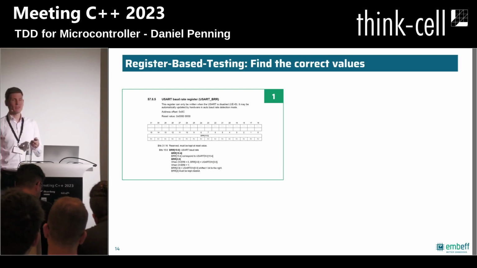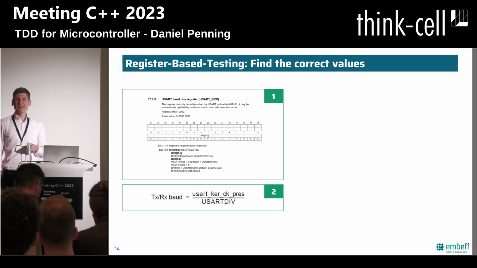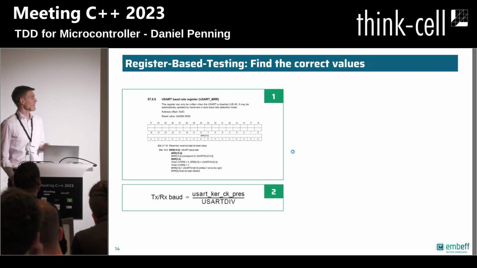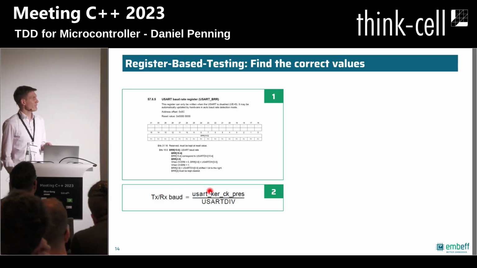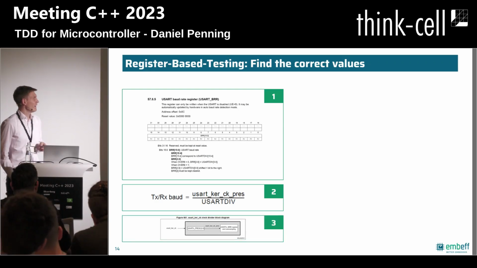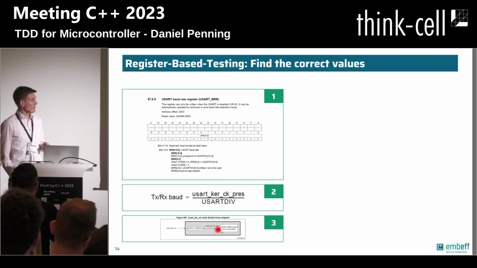You need to look it up in the manual, and then you find an equation. And that's good. The baud rate is some clock, I presume, divided by the divider, by this USART div. OK, great. But what's the clock? You go further, and it's getting smaller, yeah? You find the clock here, and it's divided again by some prescaler and another clock.